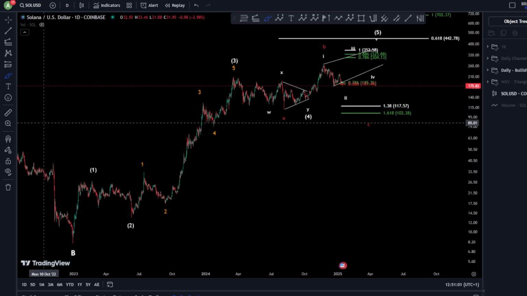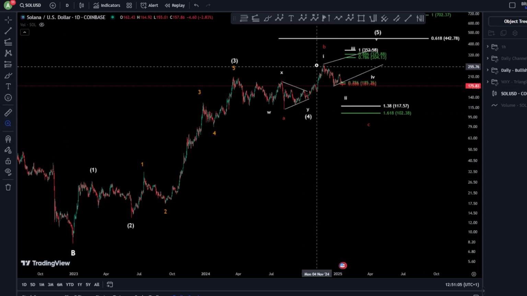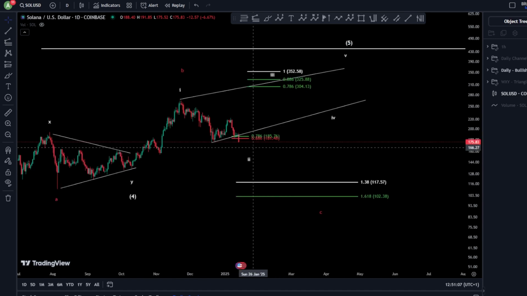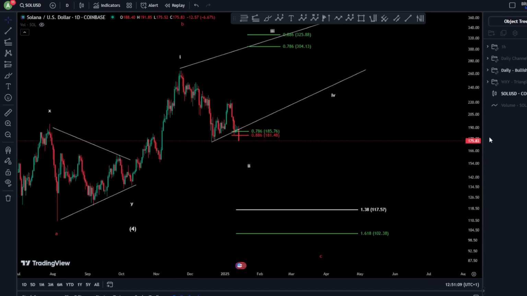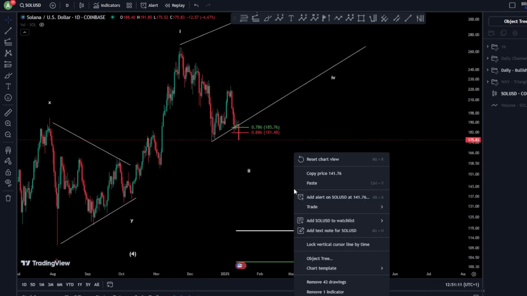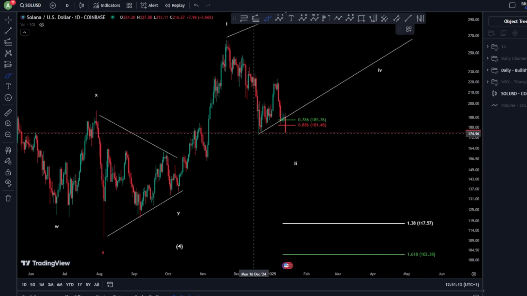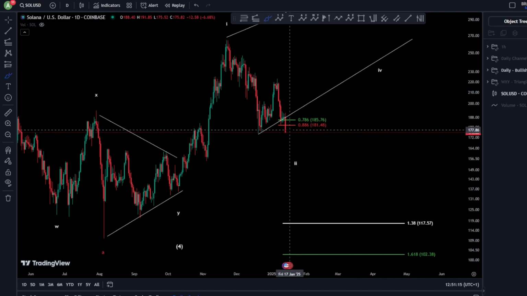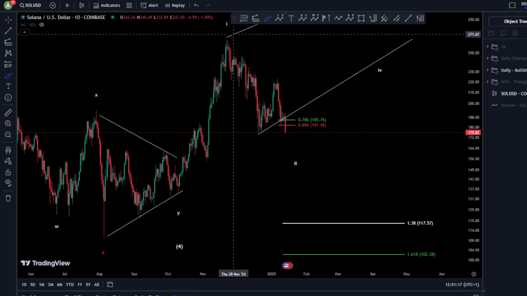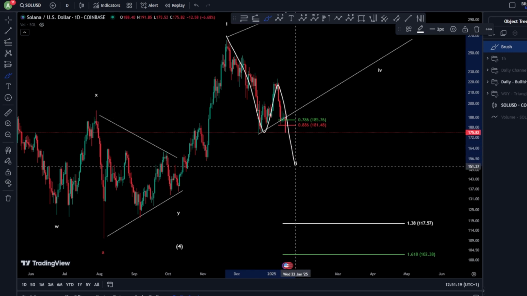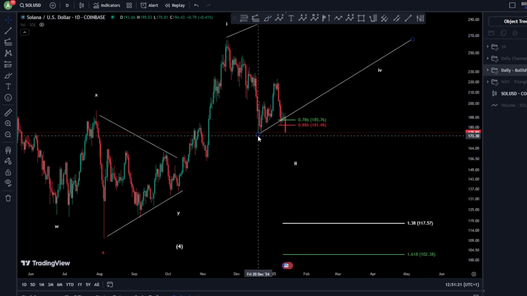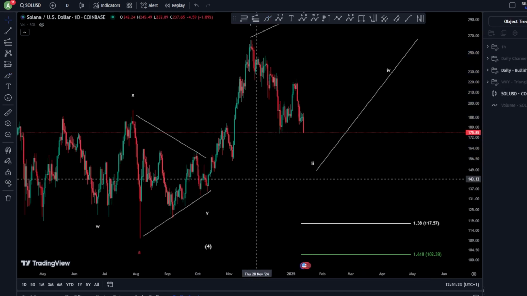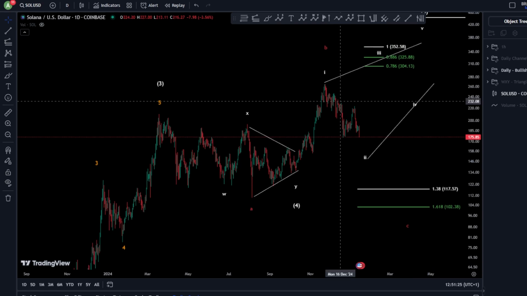Now, as we said in the last video, if we break those fib levels given on the 0.78 and we touch the 0.886, it means we're gonna take the low directly. And this is exactly what happened, meaning we're gonna see a deeper wave 2 for this diagonal, and possibly hitting lower prices.